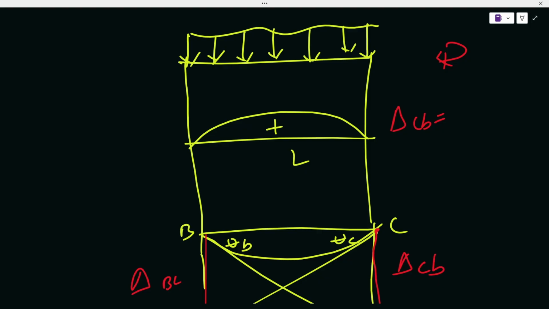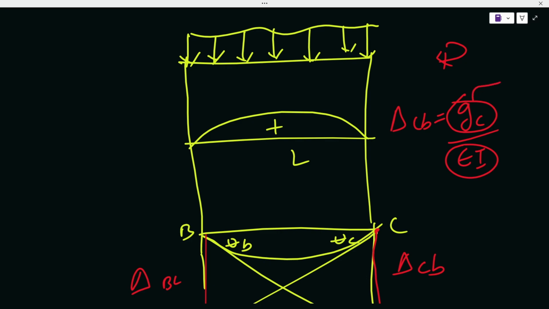We call the expression GC over EI, as it's a bending moment over EI diagram. Now, what is GC? GC is basically the moment of area about C.